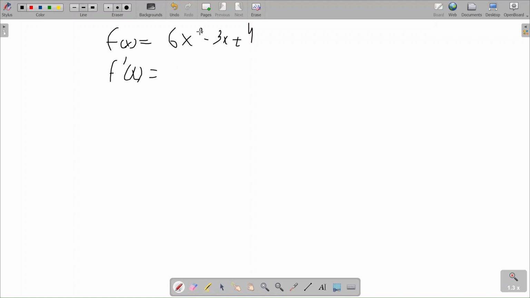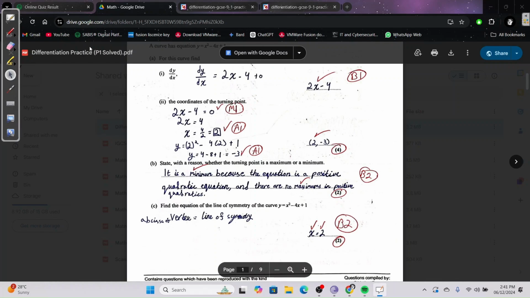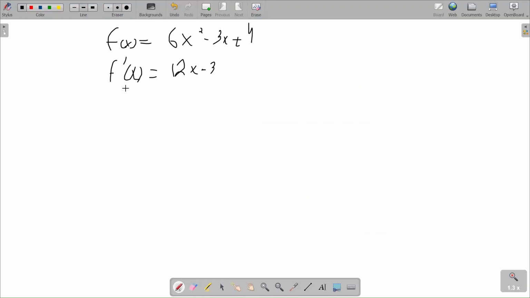Okay, the derivative of this, so f prime of x equals 2 times 6 is 12. 2 minus 1 is 1, so it's 12x minus 3 plus 0. So this is the derivative, right? When you want to find the turning points of a function or a curve, you set the derivative equal to 0. So here it would be f prime of x, or dy by dx, equals 0.